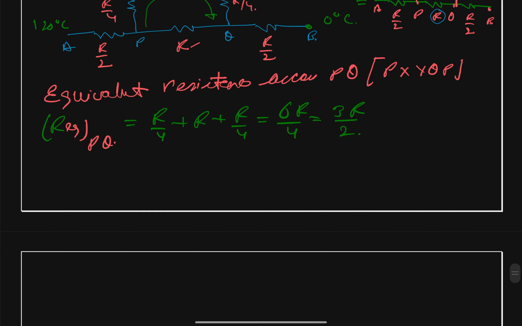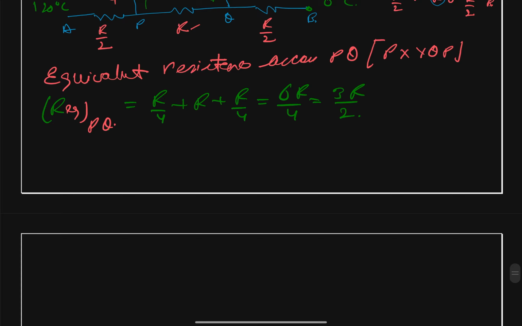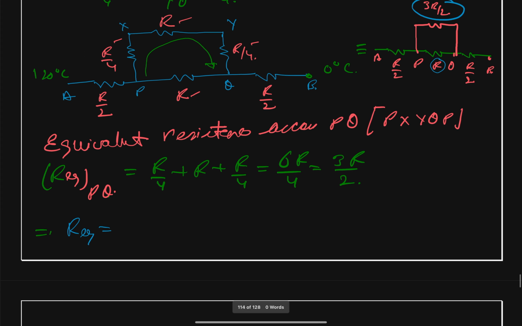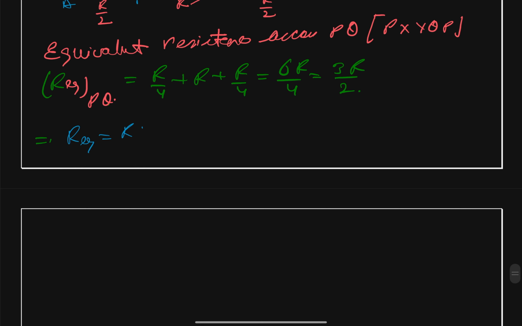Therefore, R equivalent is R parallel 3R by 2, which gives the product of the resistances over their summation.